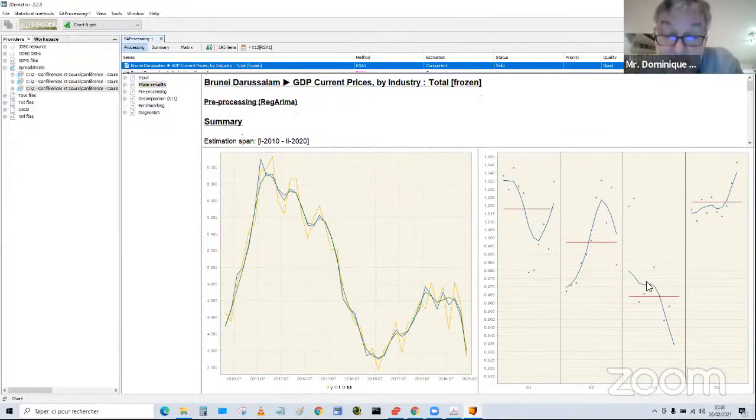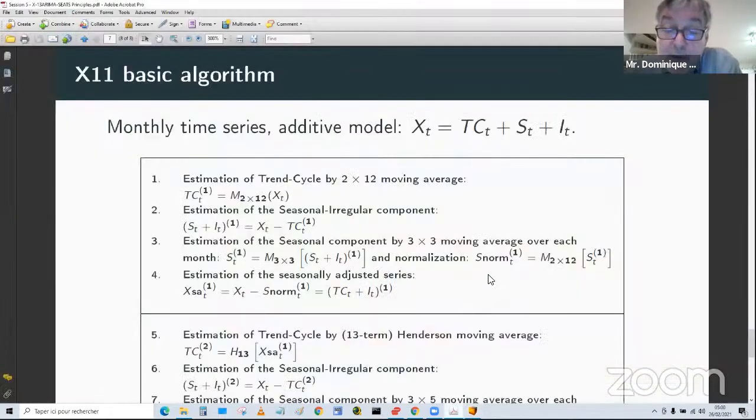Okay. So to be sure that they compensate, I am going to normalize the coefficients. To assure that the sum of the coefficients is close to 0 for an additive model, I will normalize them and get my first estimate of a normalized seasonal component.